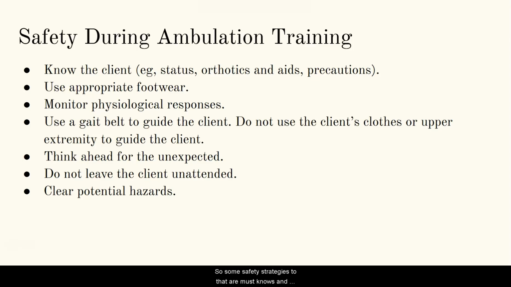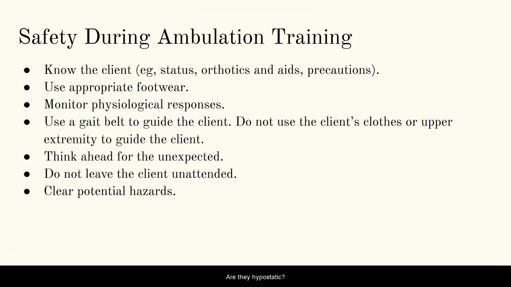So some safety strategies that are must knows and some considerations when you're doing functional ambulation. Know the client's status before you get them up and walking. Do they need some sort of orthotic? We'll talk about orthotics in a second. What are their precautions? Do they have fall precautions?